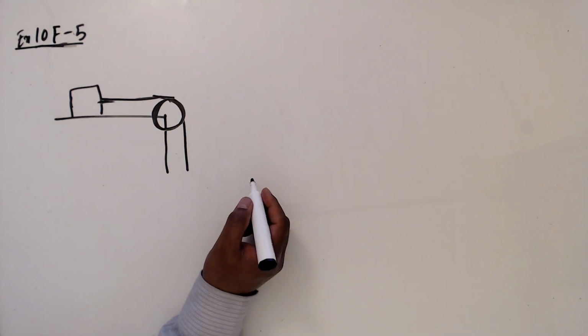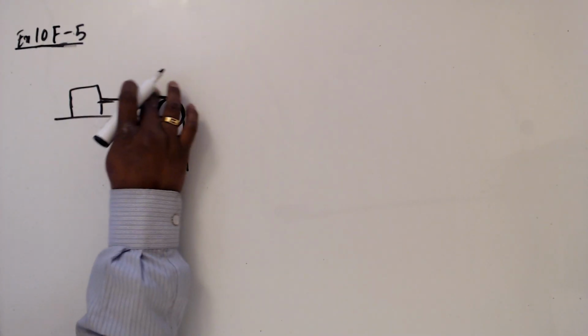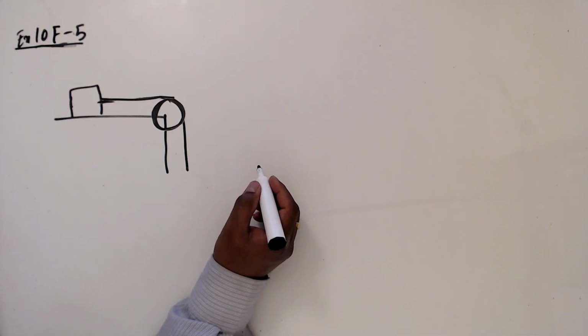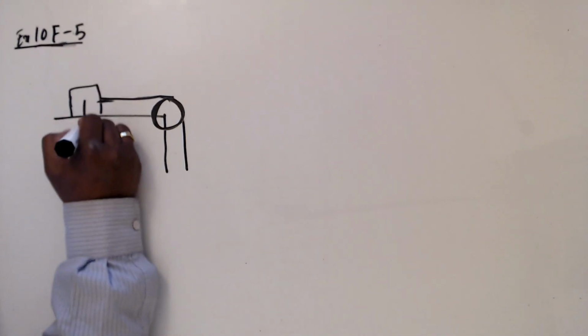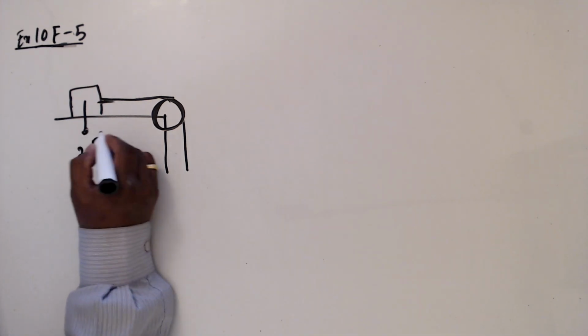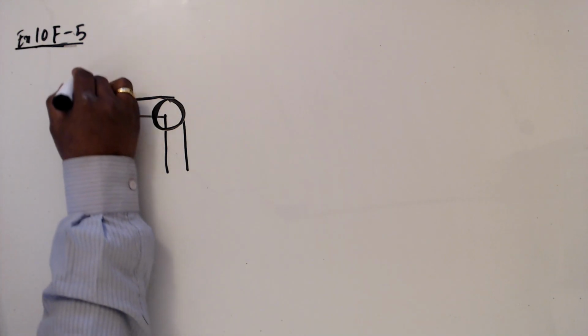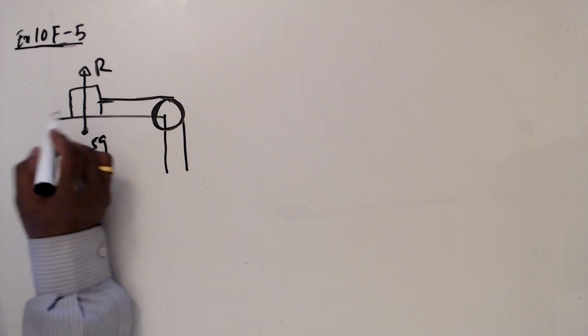Question number 5. I can see in this picture a box P of 2.5 kg resting on a rough horizontal plane. So this is 2.5 kilograms, so the weight is N, with a resultant force R, and this is a rough horizontal plane.